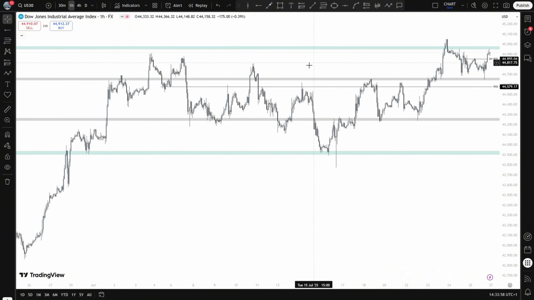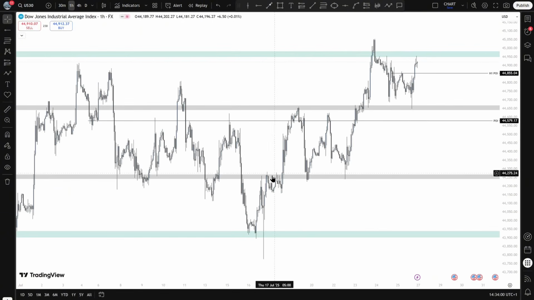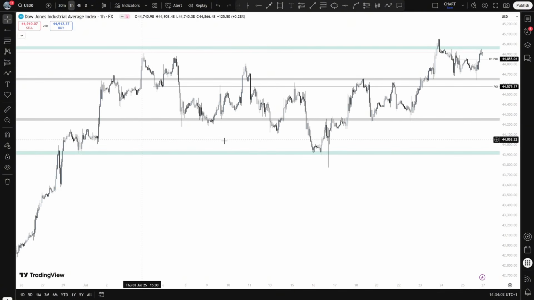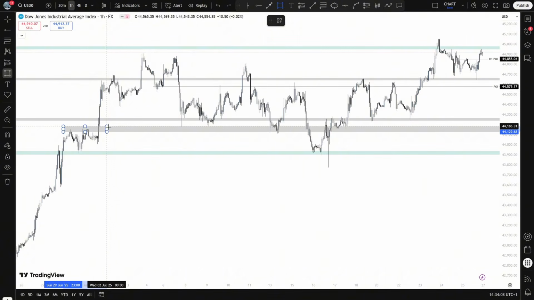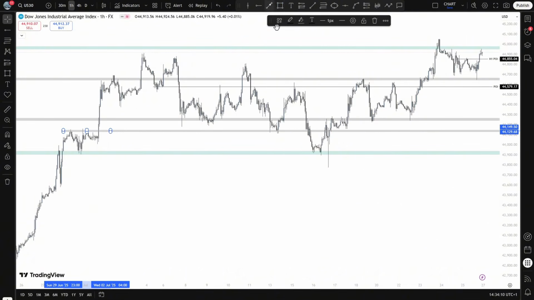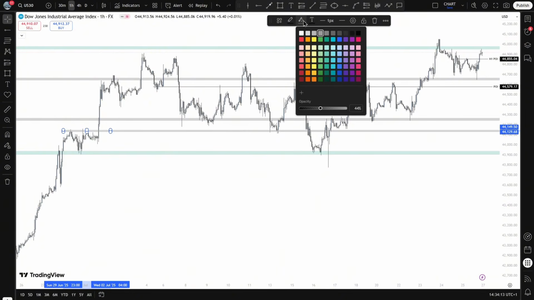All right, so let's see if we have more key levels here to plot. So guys, the reason why I love plotting multiple key levels is because you don't know, you're expecting price to buy and price will just start selling. You understand? So you just have to think probability no matter what. As a trader, you have to think probability.